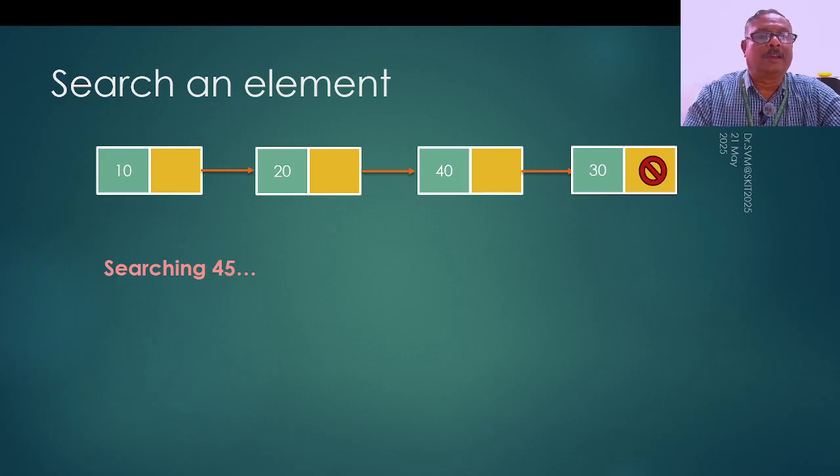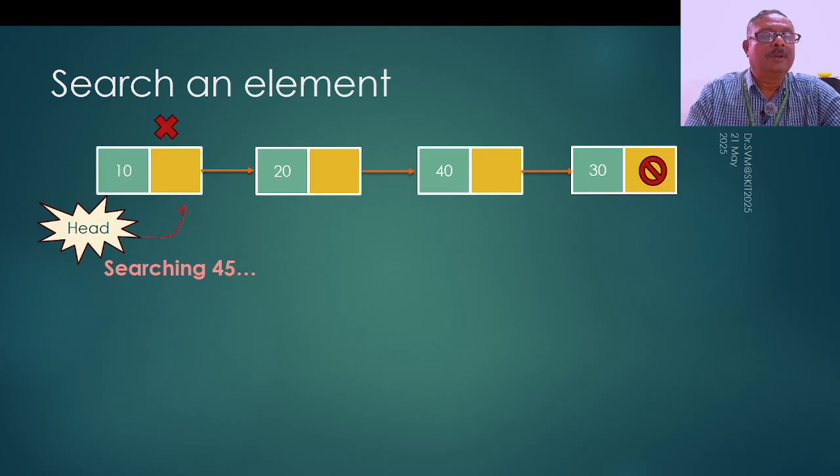So let's begin our journey looking for an element 45. We start with the first node, it is 10, not 45. Go to the second node, it is 20, not 45. Then go to the next node, it is 40, not 45. Then go to the next node, it is 30, not 45, and there is no more next node because the address of the next is null.